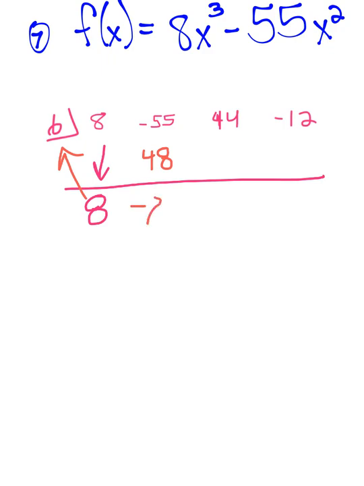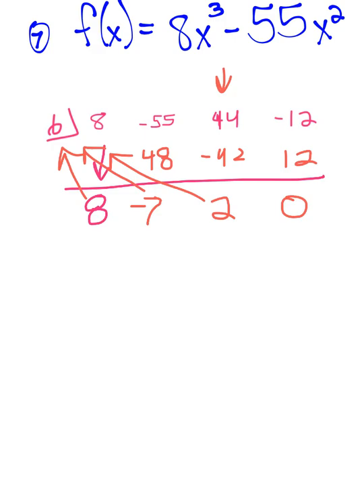Okay. So multiply to the corner and add down. What's negative 7 times 6? Negative 42. Now add down. What's 44 plus negative 42? Positive 2. Multiply to the corner. What's 2 times 6? 12. And then what's negative 12 and a positive 12? 0. This one happens to have no what?